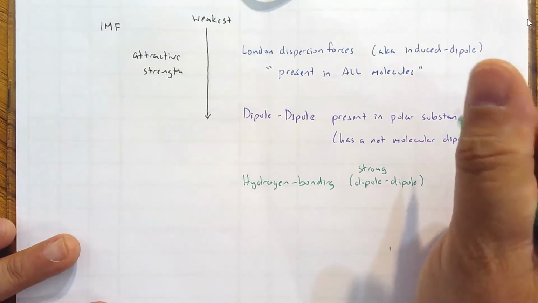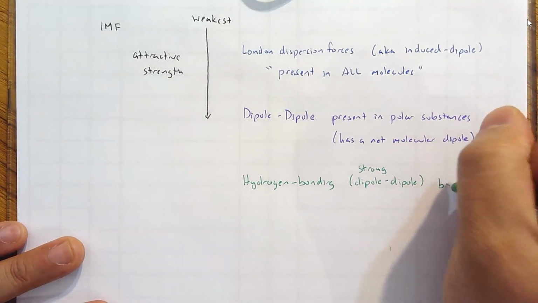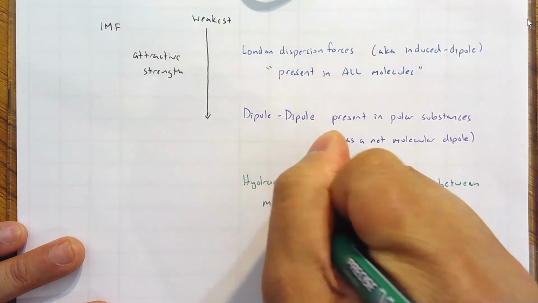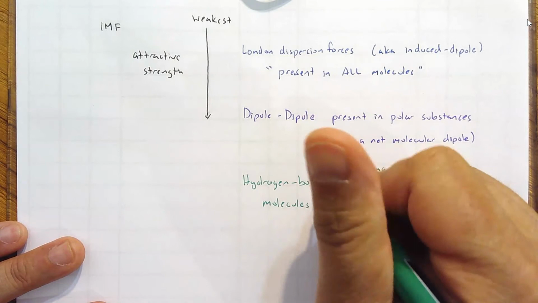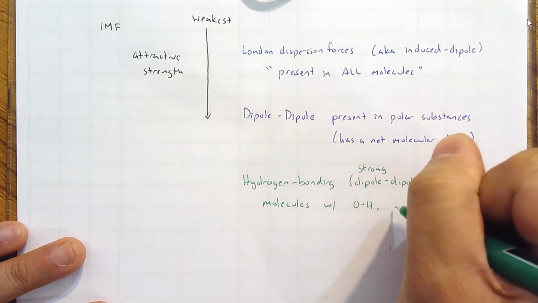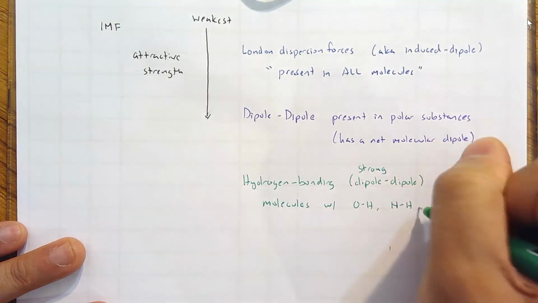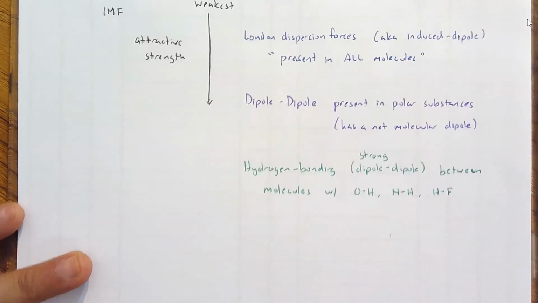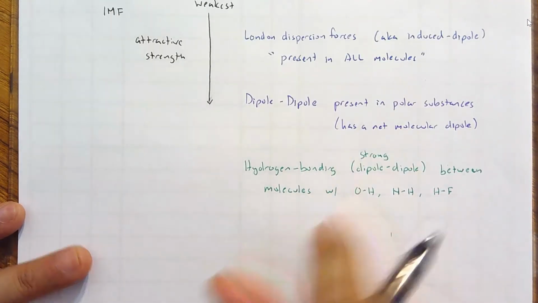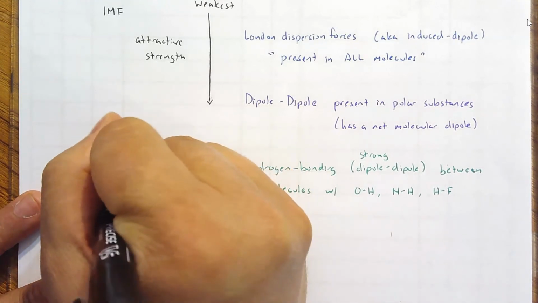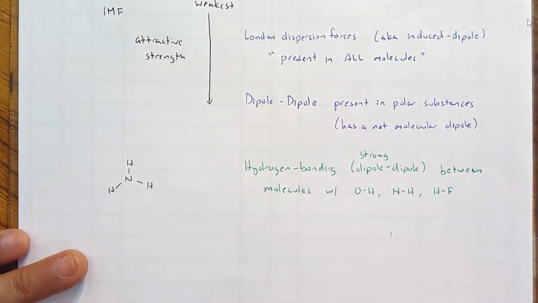That's because it's between molecules that have a strong dipole, namely OH, NH, and HF. For instance, if I have a molecule, NH3, ammonia has hydrogen bonding, which is a strong dipole-dipole attraction.